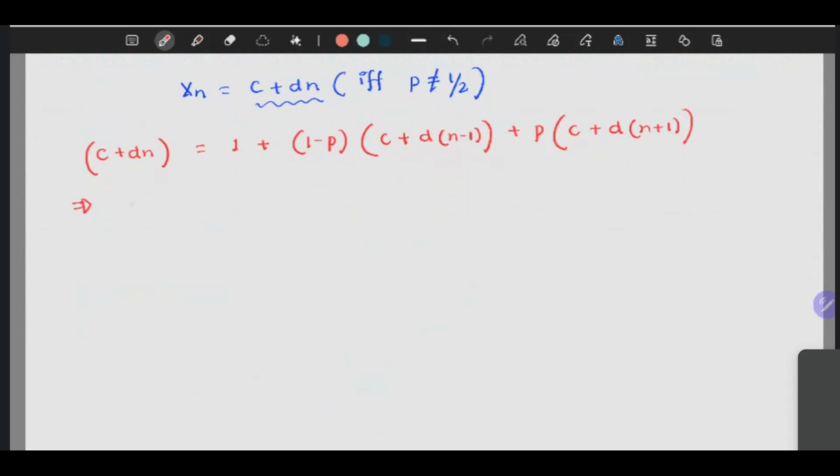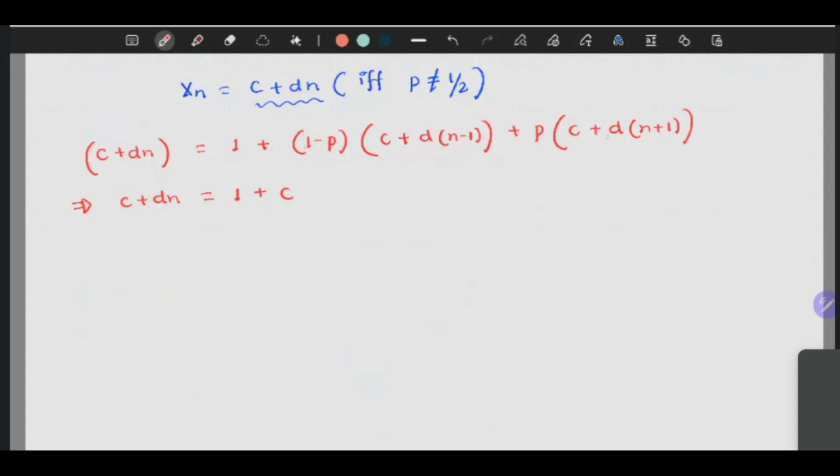That makes c plus dn equal to 1 plus, there is c, there is pc, so 1 minus p c and pc make c, and (1 minus p) into d times (n minus 1), and p d times (n plus 1).